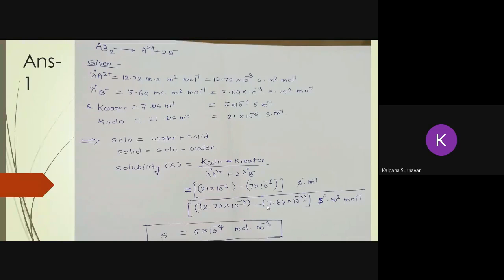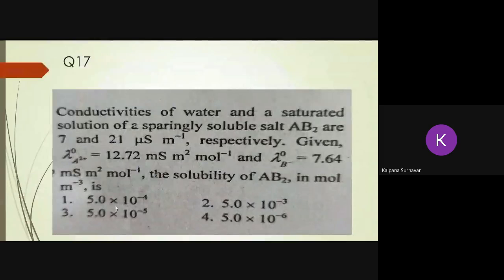Just multiply this by 2. The 2 remains, and the units are siemen meter square per mole. Our answer comes to 5 into 10 raised to minus 4. So answer number 1 is the correct answer for the solubility of species AB2.